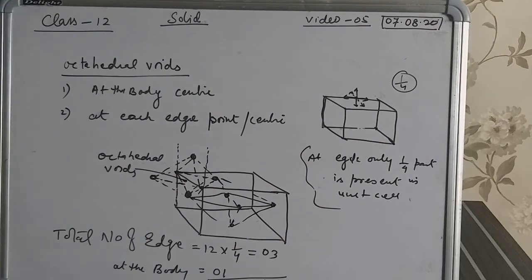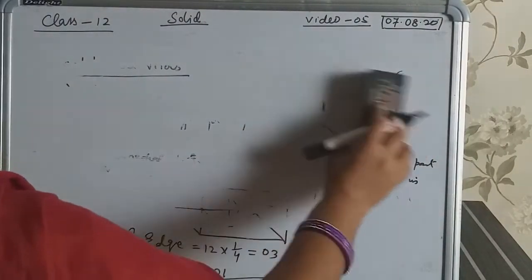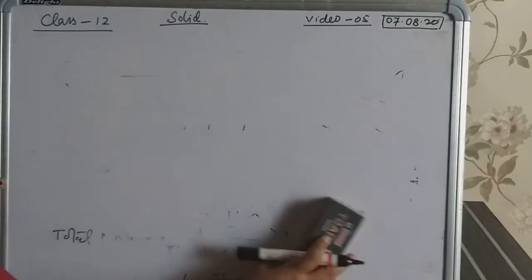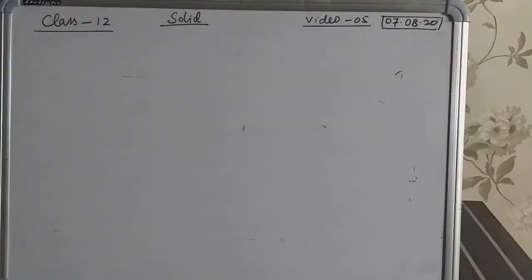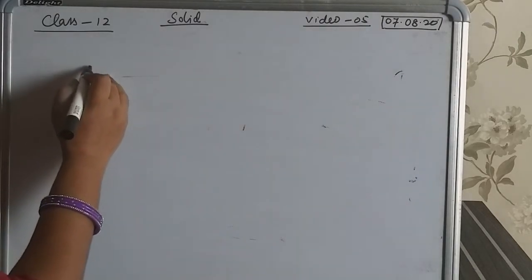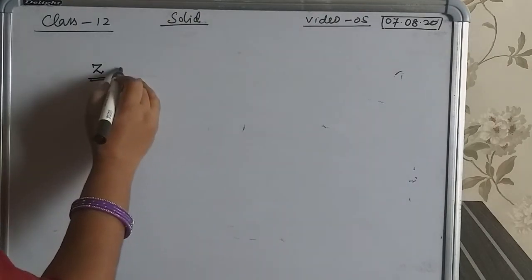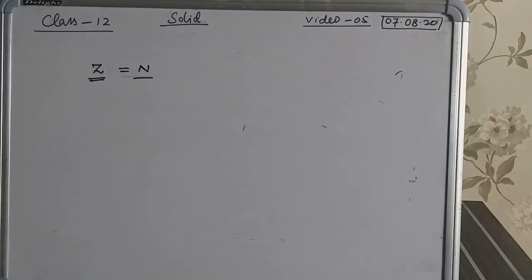So let's discuss. Suppose we have rank n, the number of unit cells is n.